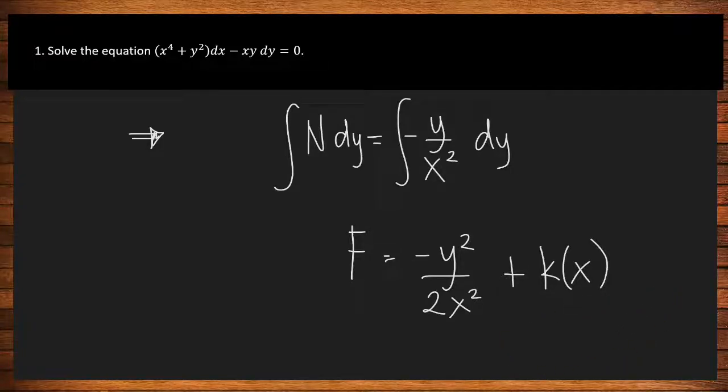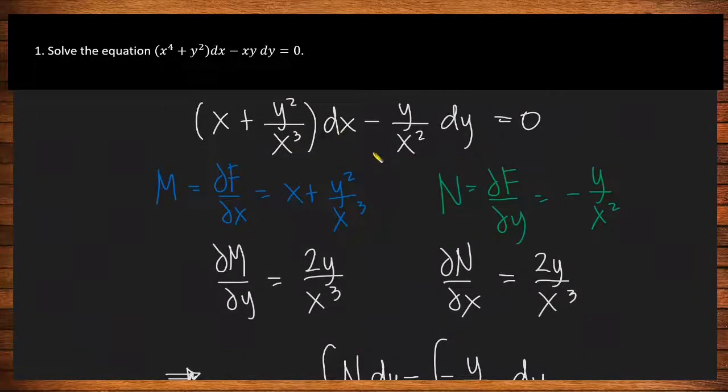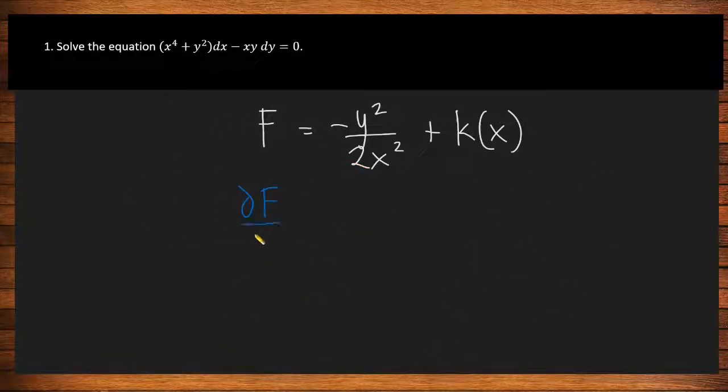So to obtain the value of this k of x here, yung gagamitin naman natin for the next step will be yung m. Kasi n yung ginamit natin kanina, ngayon m naman. Recall that m is equal to the partial derivative of f with respect to x. And from our exact equation, m is equal to (x plus y squared) over x cubed.